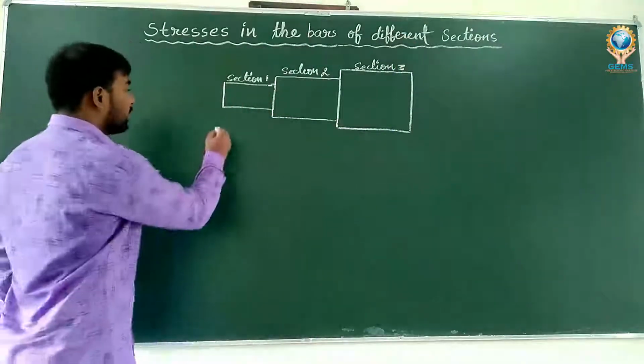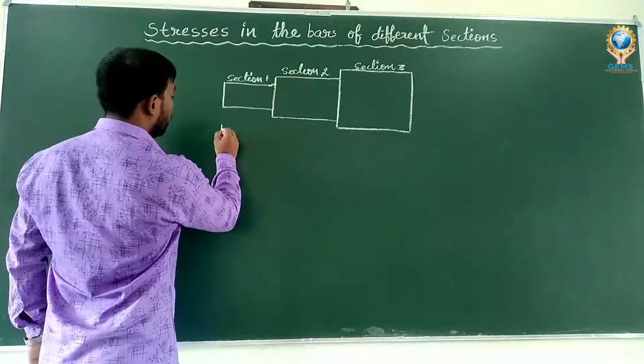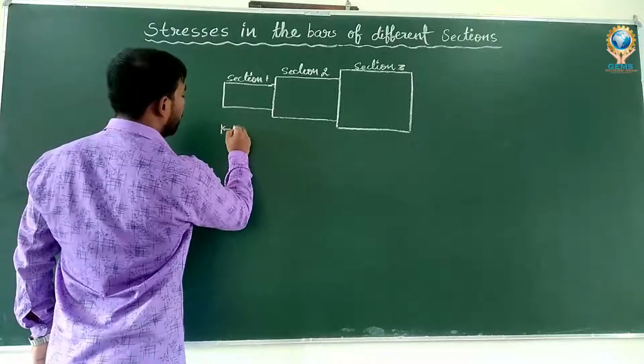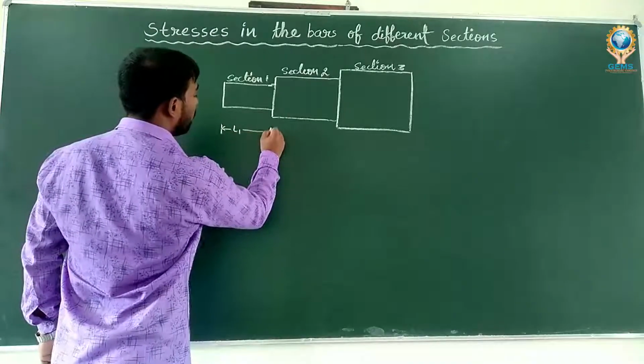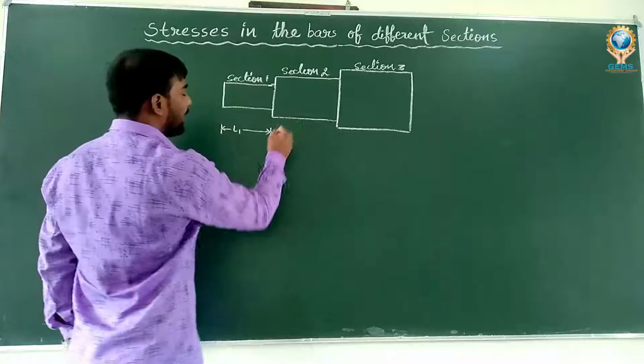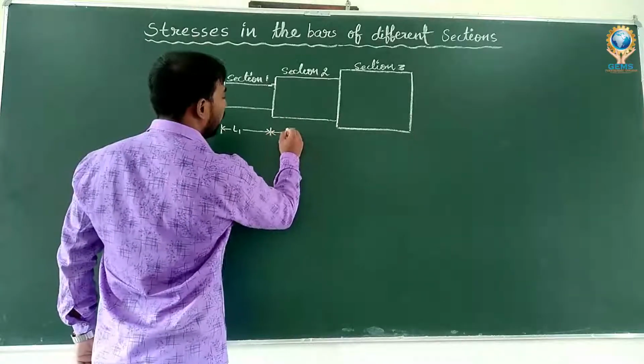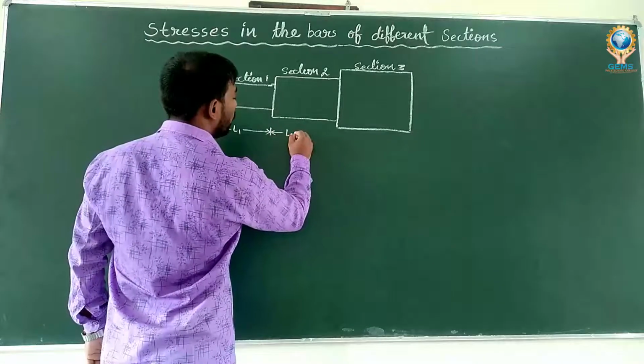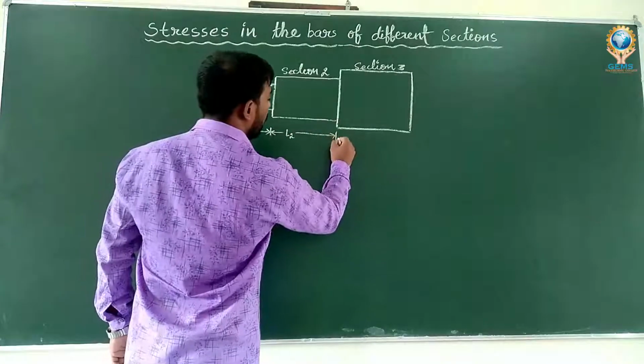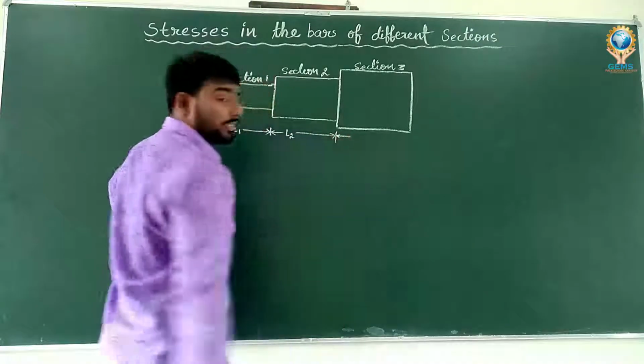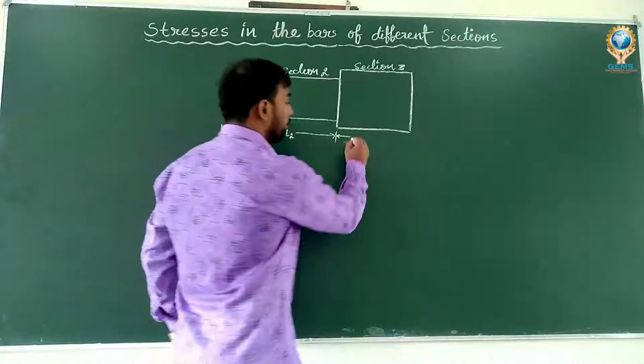Suppose section 1 has length L1, section 2 has length L2, and section 3 has length L3.